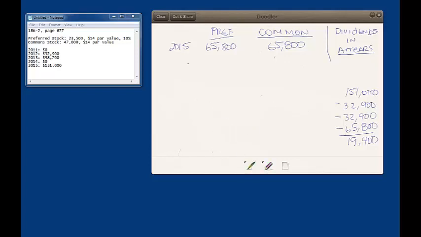Okay. So I have to find out the total par values. So we've got preferred. Total par value is the total number of preferred shares, 32,500 times 14, and that equals 329,000.